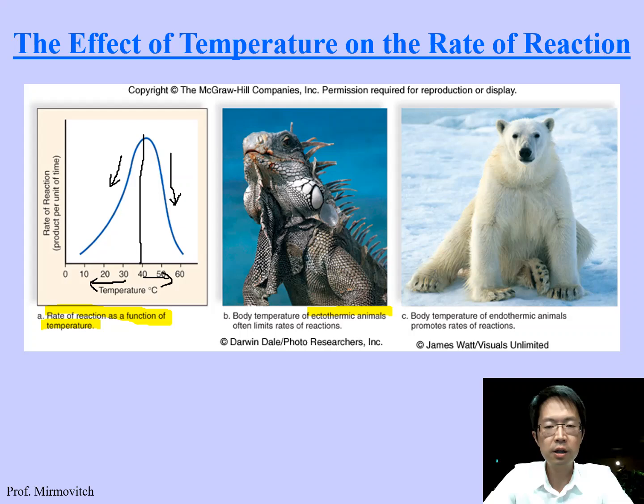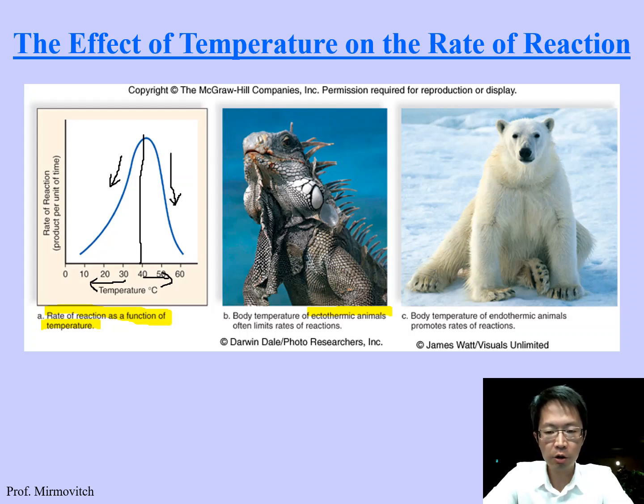But during winter, the external temperature is cold. What will happen? They cannot move. So what they usually do is go into hibernation. They find a safe place to sleep, so that during the cold winter, when they cannot move, other predators will not be able to eat them.